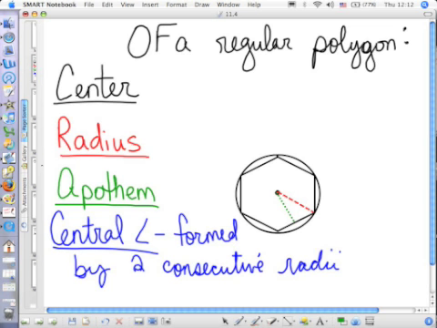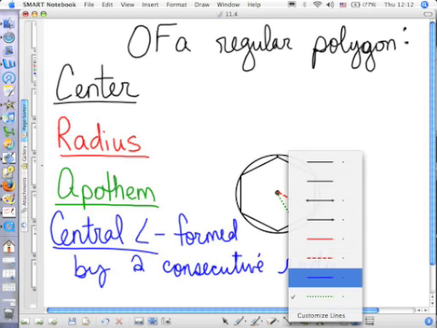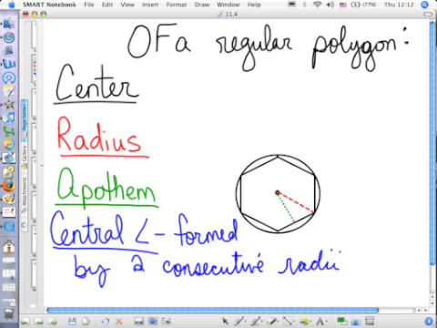And then finally, we have a central angle in a polygon. A central angle is formed by 2 consecutive radii. It's written in blue. I'm going to draw 2 in blue. All right? Let me customize my lines first.